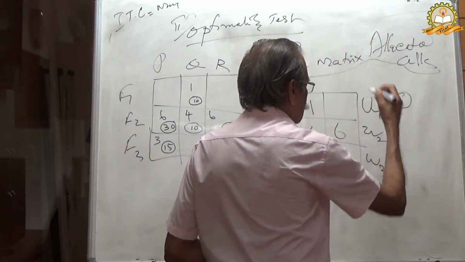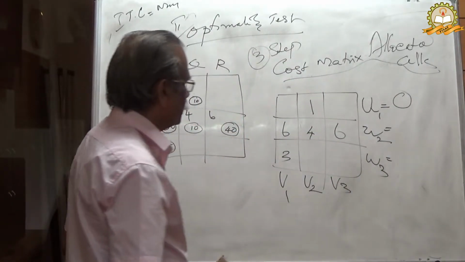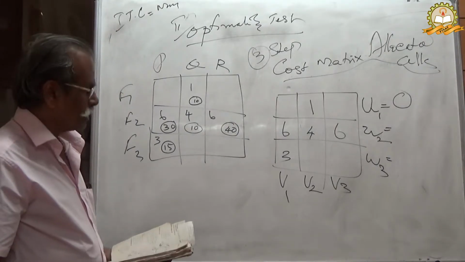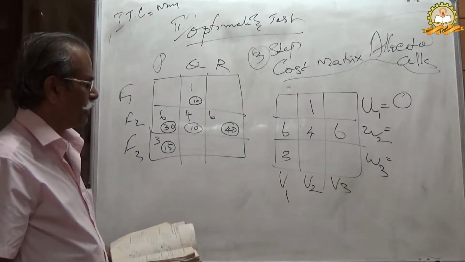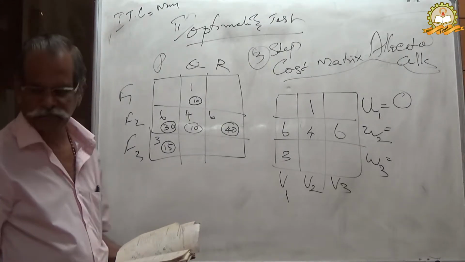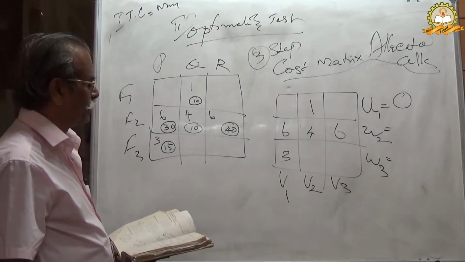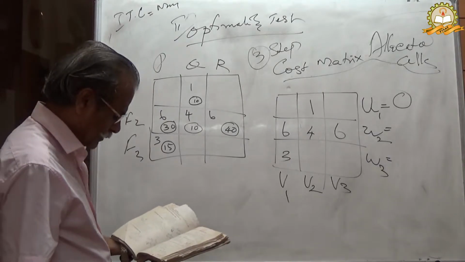Take U1 equal to 0. Then we will find values of U2, U3, V1, V2, V3. For that, we have the following step.